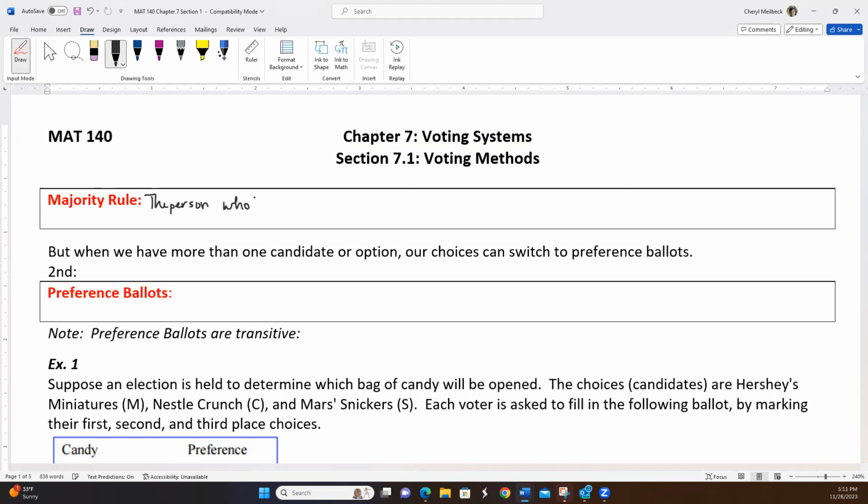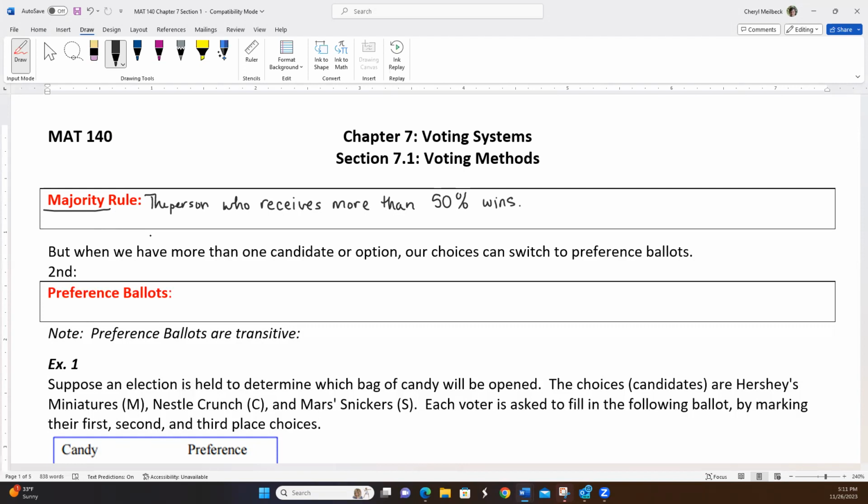Now, it's not just the most, but they have to receive more than 50%. More than 50% wins. So that's majority means more than 50%.